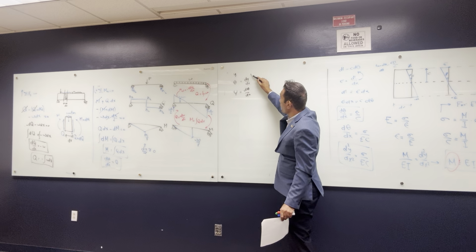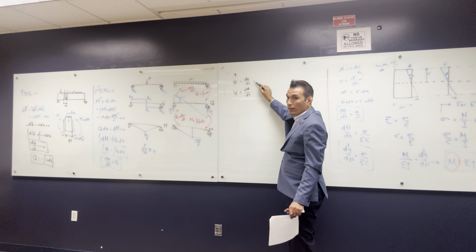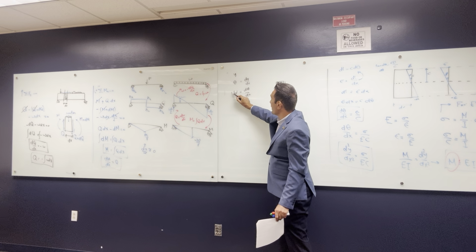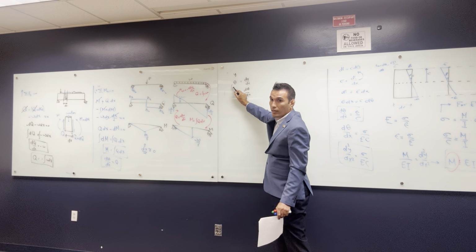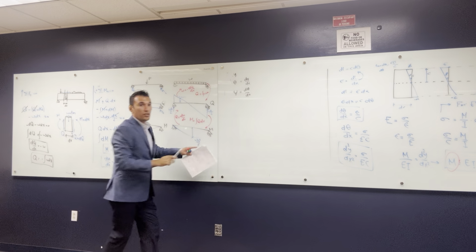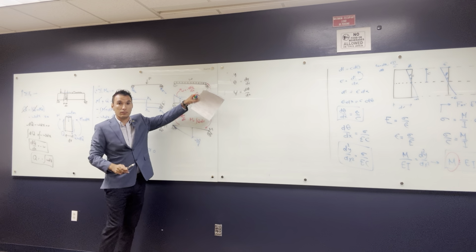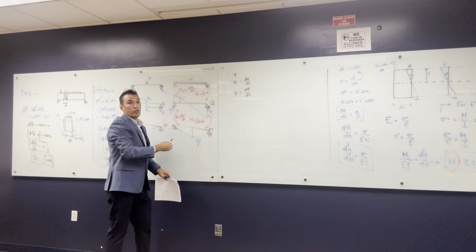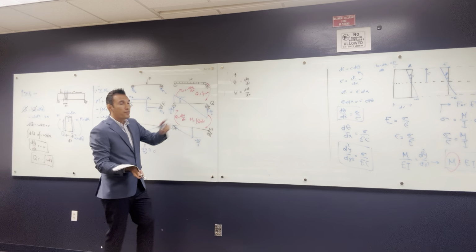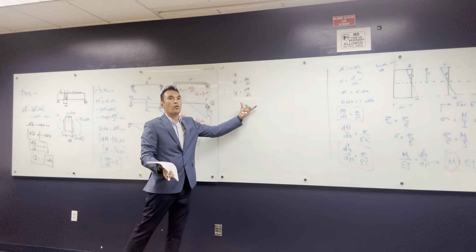So if I differentiate y, I get theta, and if I differentiate theta, I get the curvature. If I integrate once, I will get theta; integrate once more, I will get y. It's the same thing as the relationship between moment, shear, and load, integrating or differentiating. So the conjugate beam is using this to find the slope and the deflection.